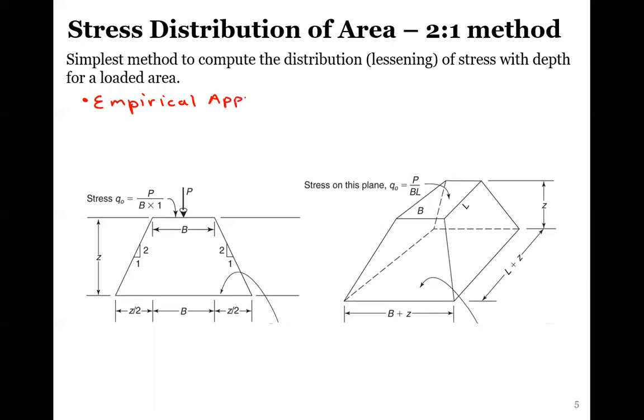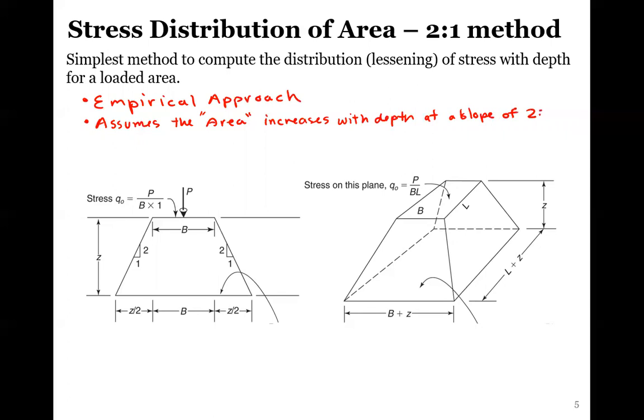So it's not based off of a fancy elastic media governing equation, no differential equations there. What it does is assume the area increases with depth at a slope of 2-to-1.